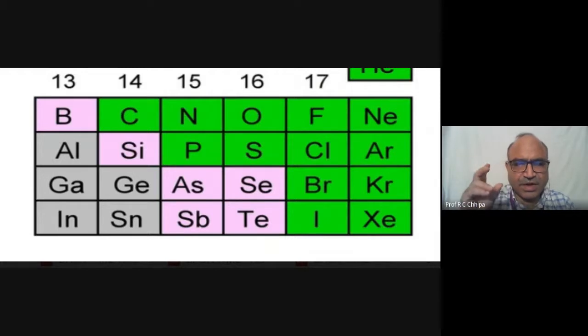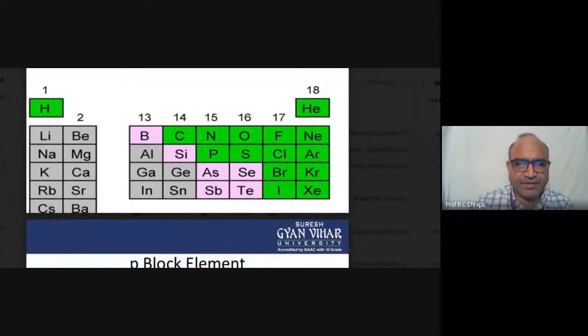Whatever the octet rule follows, how many electrons remain for that? So we have the boron family, then the carbon family, the nitrogen family, and then the oxygen family. That is also the name of the family.